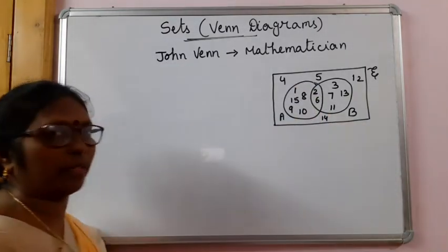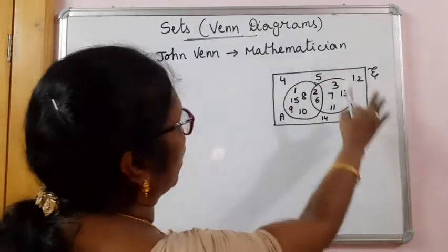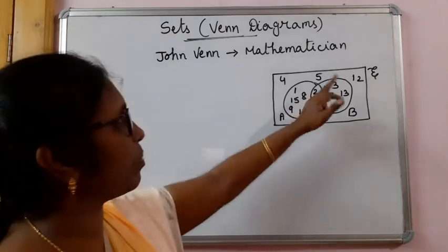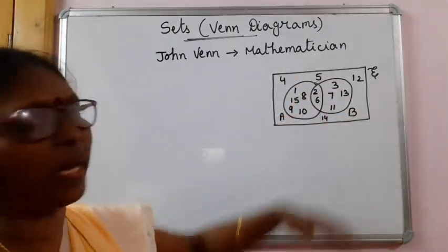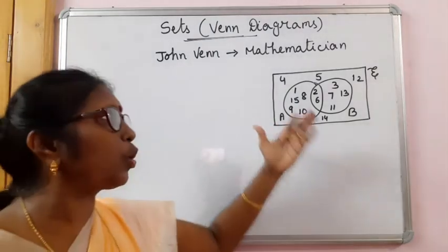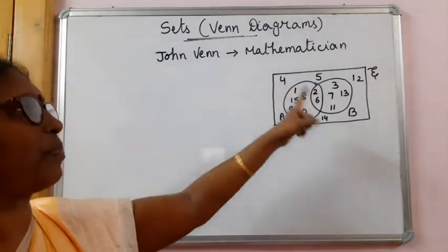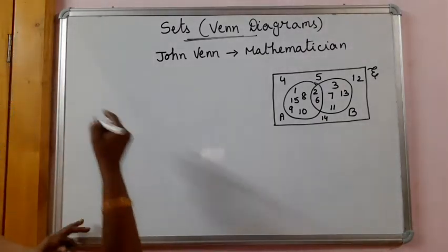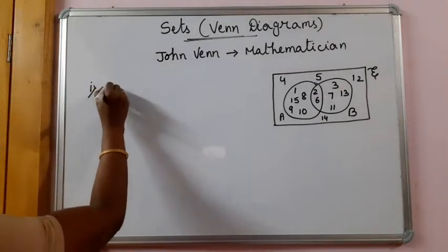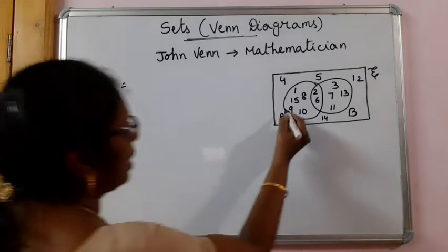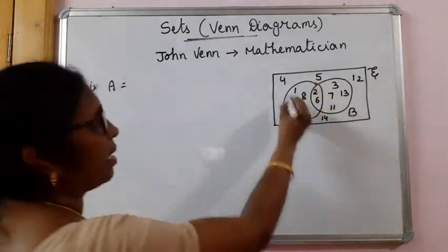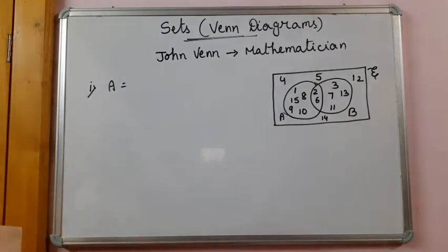Simply I have written 1 to 15 everywhere, some inside A, some inside B, some outside A and B. And how to read out the sets from this Venn diagram? Let me explain. First, let me name the set A. That means this is set A. And what are the elements in set A?